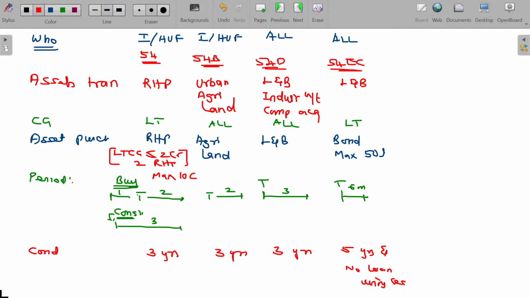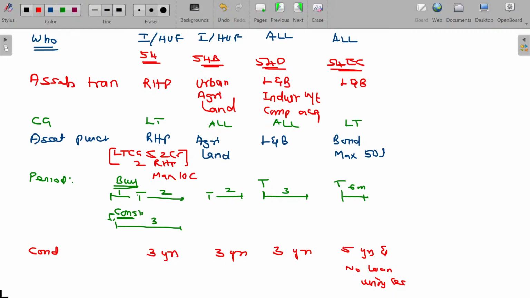So 54, house property; 54B, agriculture land; and 54D, industry. Leave A, B, leave C, D. 54EC, equity share, share spelling CHARE.